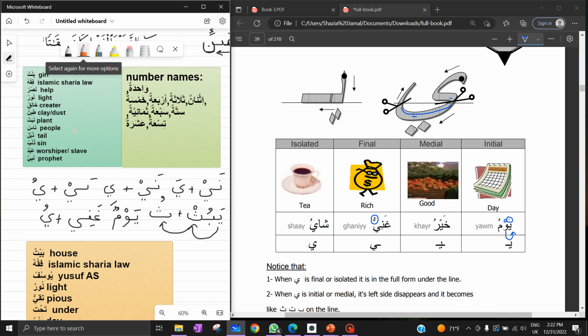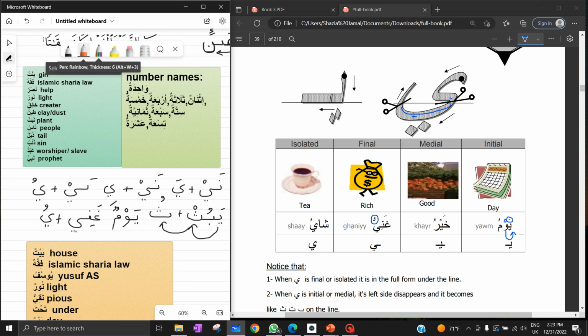So if I want to put a sukoon or not here, what should I do? I will check whether this letter is from the long vowels or not. Is this from a long vowel? Yes, this is from the long vowel letters. But is it a long vowel or not?